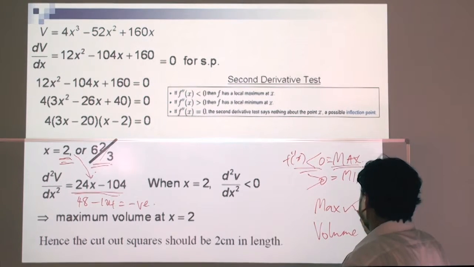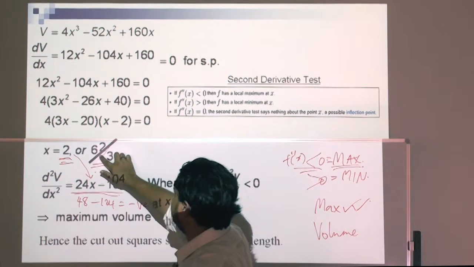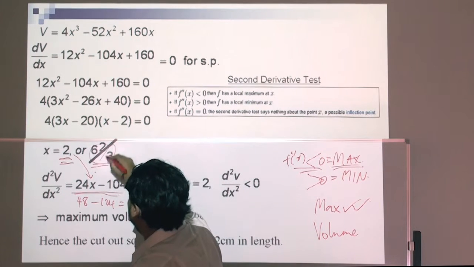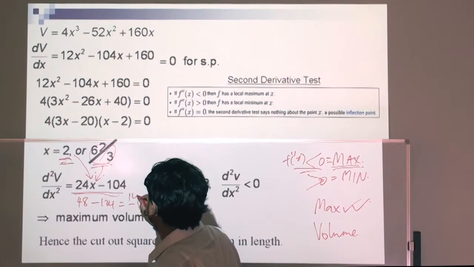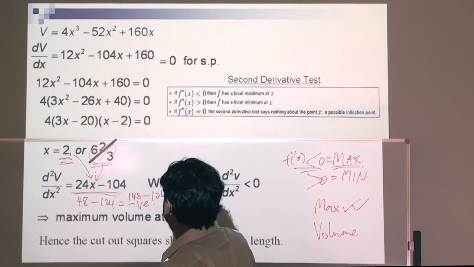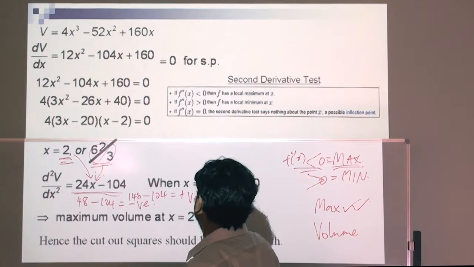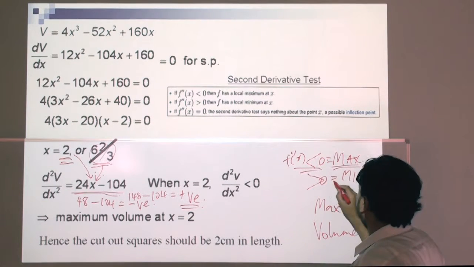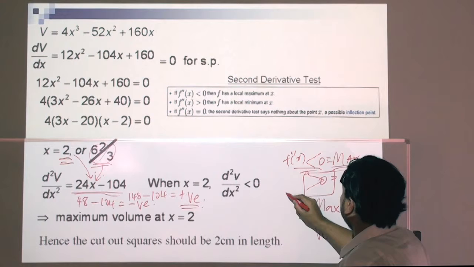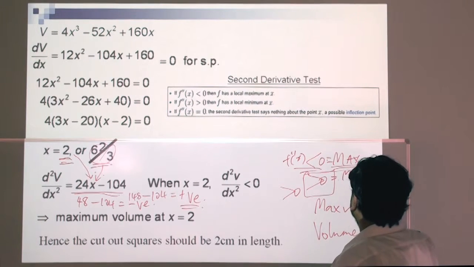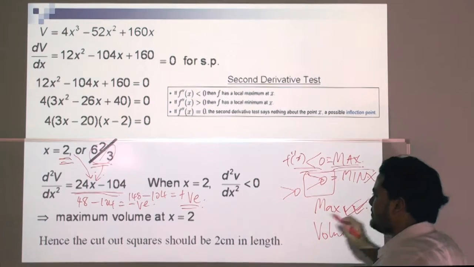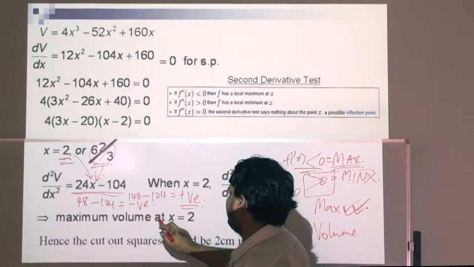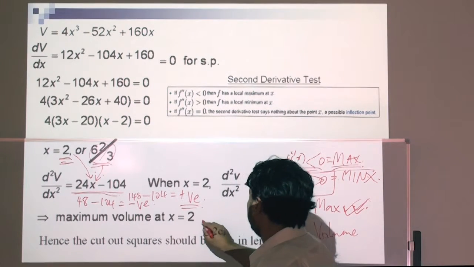So we want a maximum. If we take 6 and 2 over 3 and put it here, we get a positive value. Positive means greater than 0, and greater than 0 means a minimum. So we don't want a minimum, we want a maximum. Therefore, the maximum volume is when x is equal to 2.